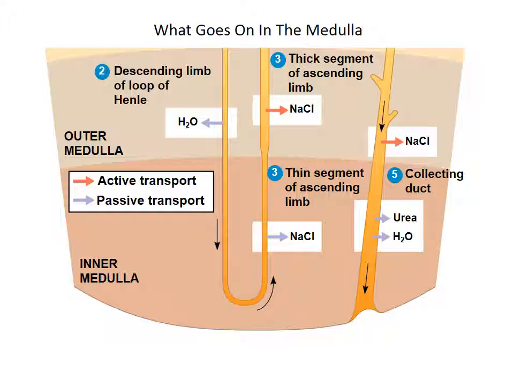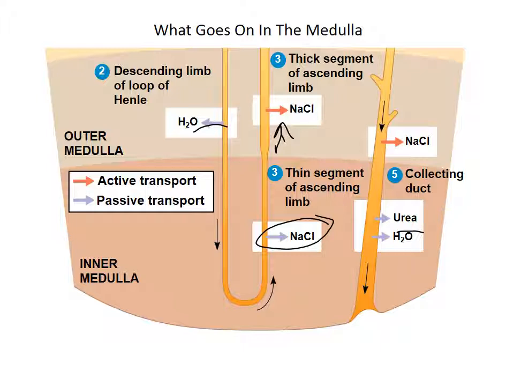What goes on in the medulla? There's active and passive transport going on. Passive transport is water. You can see water is always being passively transported. Initially, sodium chloride is passively transported in the ascending limb of the loop of Henle. Then, as we go higher up, sodium chloride is actively transported out.